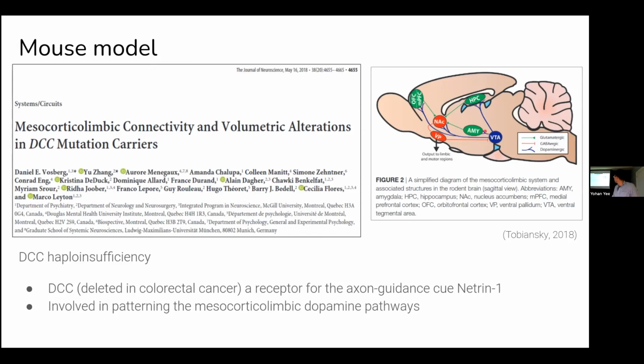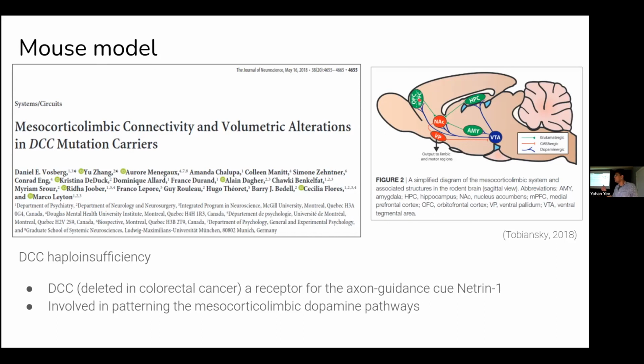So the idea is that in the ventral tegmental area, you have dopaminergic axons that develop and that go to both the nucleus accumbens and another set that passes through the nucleus accumbens and synapses into the medial prefrontal cortex. This switch between the nucleus accumbens and the medial prefrontal cortex is driven by the expression of DCC.